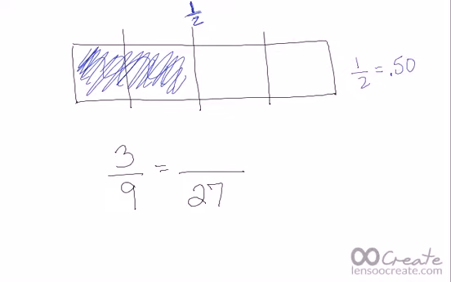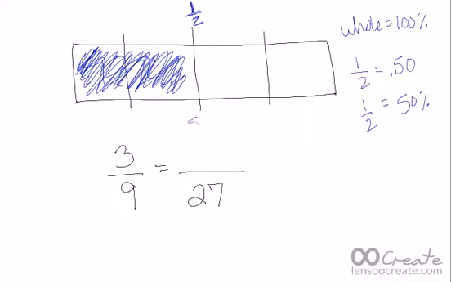And remember that a whole is 100%. So half of 100% is 50%. So when I represent half on a bar like this, I'm also representing 50%.